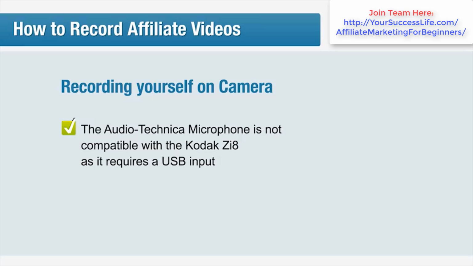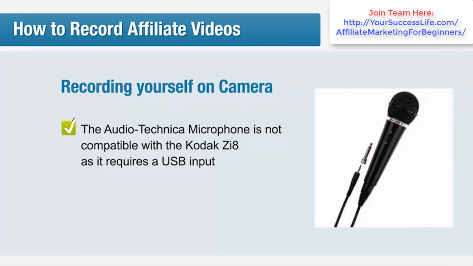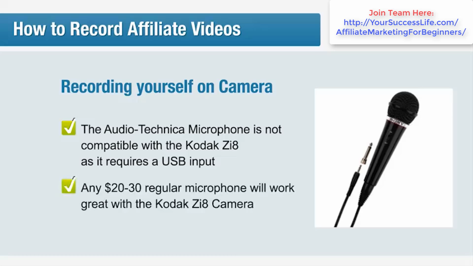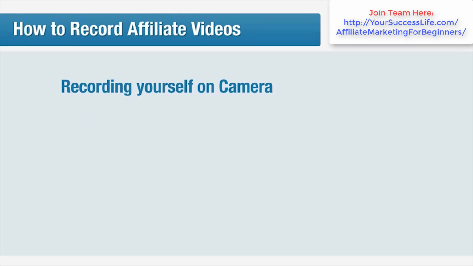You actually need to have a microphone, I think it's called an analog microphone, I'm not 100% sure, that has a jack that looks like that, as opposed to a USB plug. So any $20 to $30 regular microphone seems to work pretty good though, and that's what I've gone along with to go with my Kodak Zi8. So you may want to just get one of these Sony microphones or something like that for $20 to $30 to go with your Zi8 video camera.